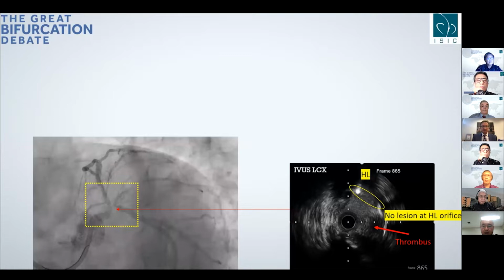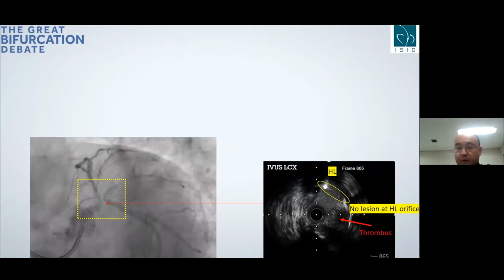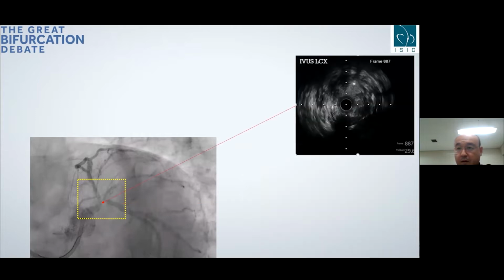When we look at the IVUS from the circumflex, it indicates there is thrombus in the trifurcation, and at 1 o'clock the bilateral artery wire is coming. The orifice is seen from the IVUS finding, and immediately after that the LAD, and this is the circumflex.